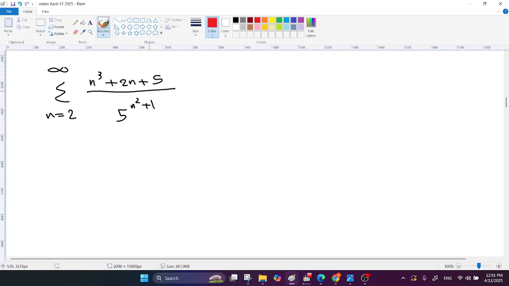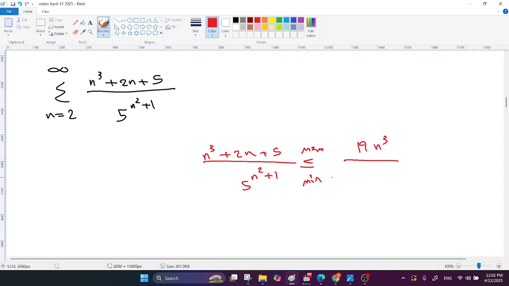Now, is this one convergent or divergent? It's convergent. Let's see why. N cubed plus 2n plus 5 over 5 to n squared plus 1, okay? Now this is less than or equal to, maximize the numerator, minimize the denominator, 19 n cubed, for example, over 19 n to 7, for example.